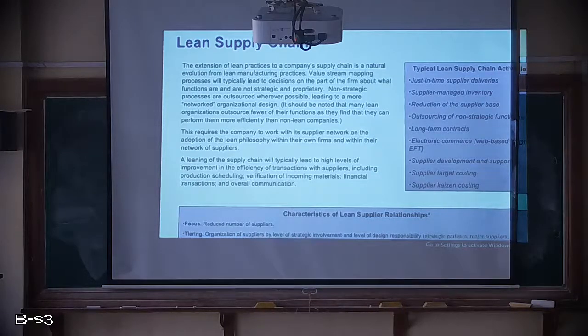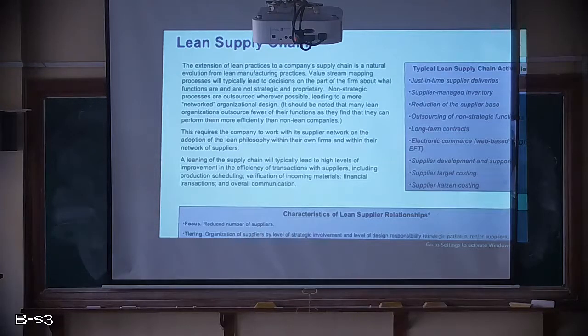The extension of practices to a company's supply chain is a natural evolution from lean manufacturing practices. Value stream mapping process will typically lead to decisions on the part of the firm about what functions are and are not strategic and proprietary. Non-strategic processes are outsourced wherever possible, leading to a more network organization design. This requires the companies to work with the supplier network on the adoption of the lean philosophy within their own firms and within their network of suppliers.